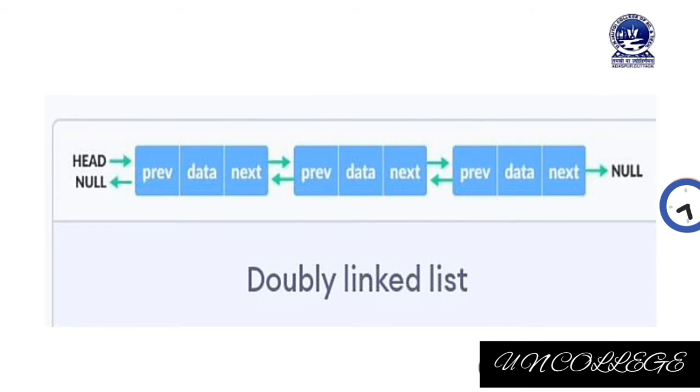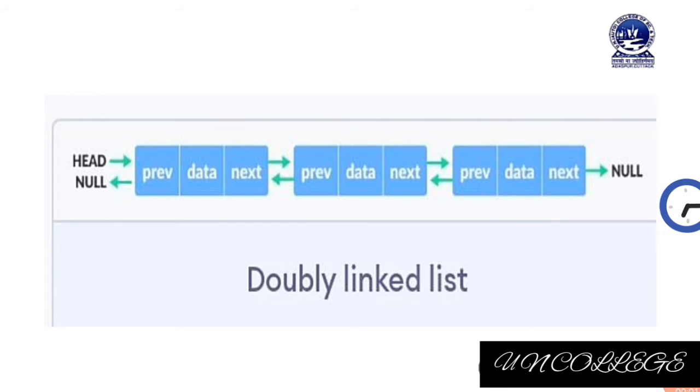This is a diagrammatic representation of a doubly linked list. Here it is clearly visible that each node consists of three parts: two pointers and one data. The first pointer is previous and the second one is next. The previous pointer points to the previous node and the next points to the next node.